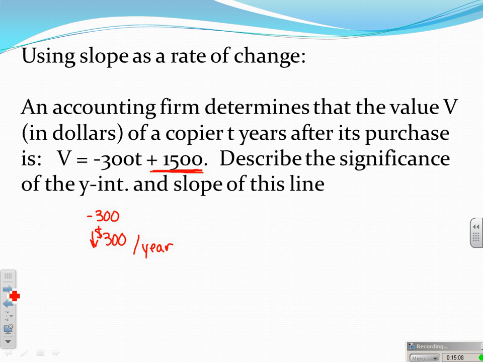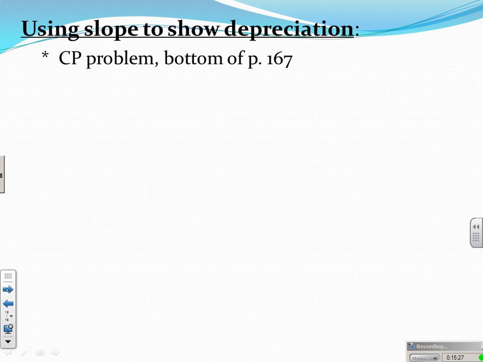Well, if that year ended up getting to 5, the value of that copier is back down to 0. So at 5 years old, it's probably an indicator of how long they figure that copier is going to last for you. Beyond 5 years, it's not going to be worth anything in trade-in. Probably means it's about time to replace.